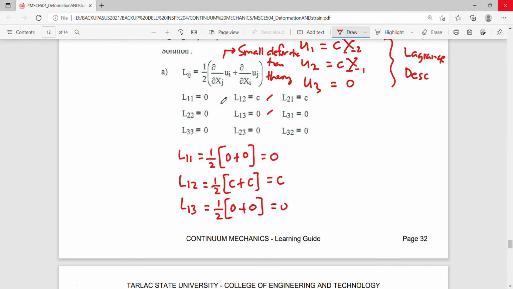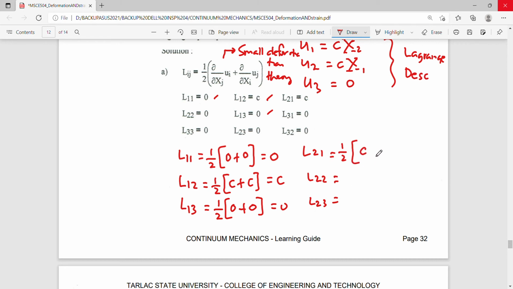Okay, so that's the three: 1,1, 1,2, and 1,3. How about the others? Let's go to 2,1, 2,2, and 2,3. The partial derivative of u2 with respect to 1 is again c.